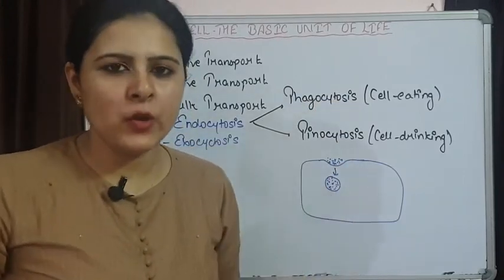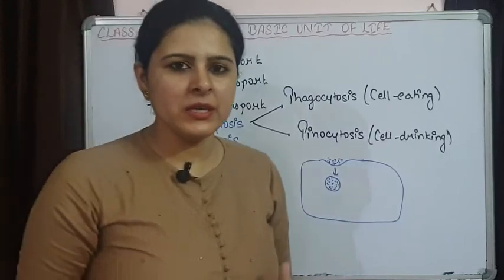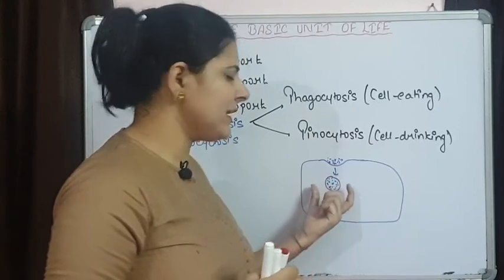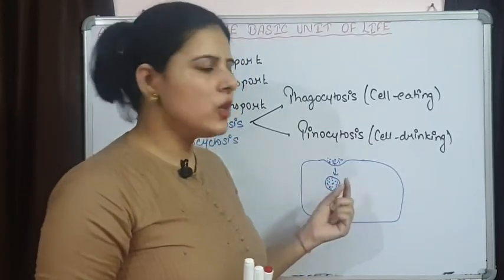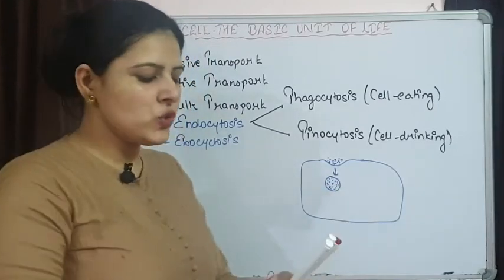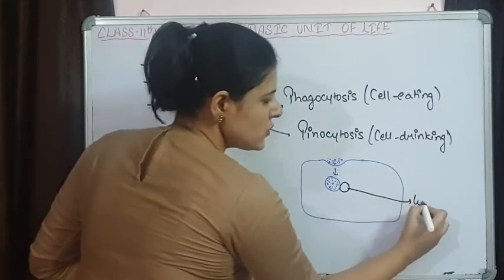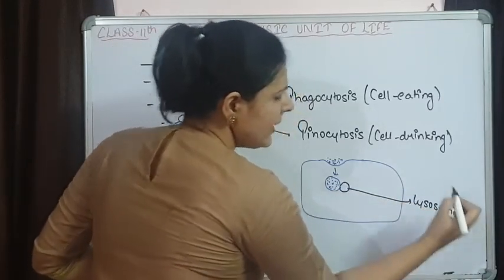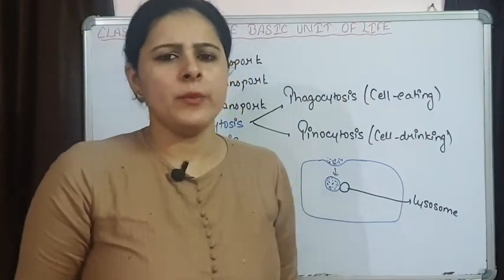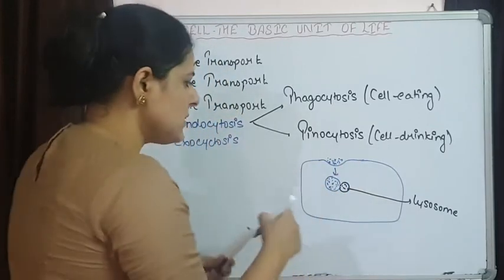Now inside the cells we know that lysosome is present, which has hydrolytic enzymes, so that will be responsible for degradation of these substances. If solid material is present, then this phagosome is going to fuse with lysosome. This is lysosome. And if liquid material is present, then liquid is absorbed directly, so there is no requirement of hydrolytic enzyme.